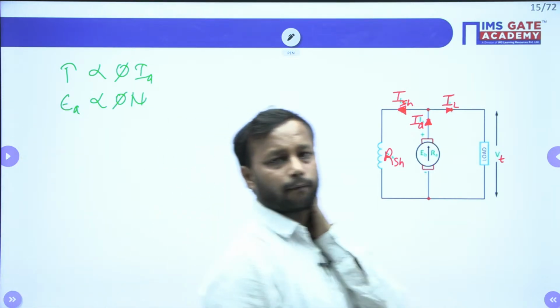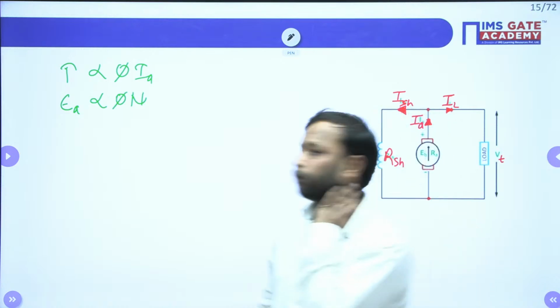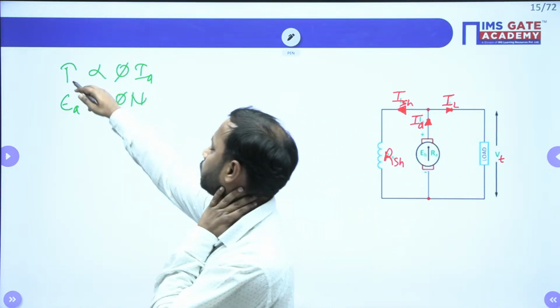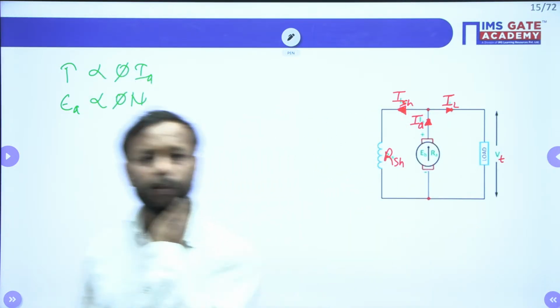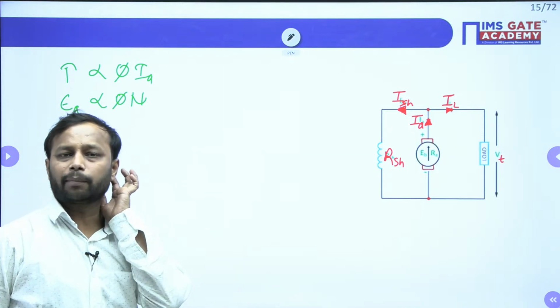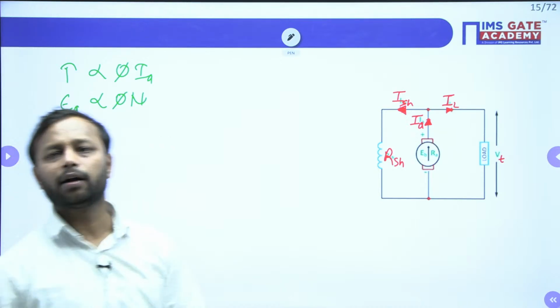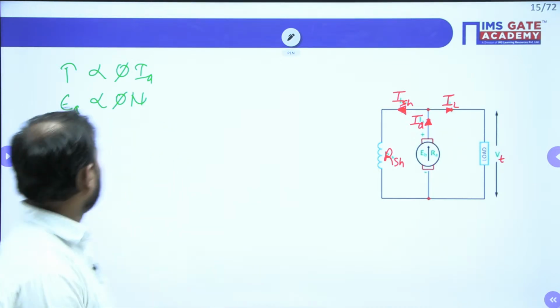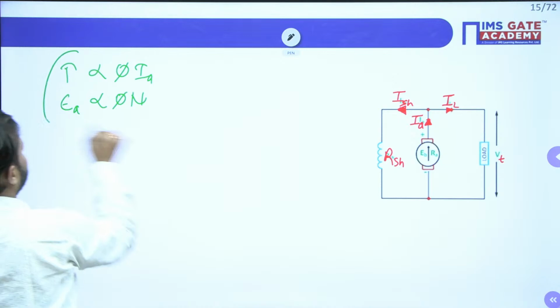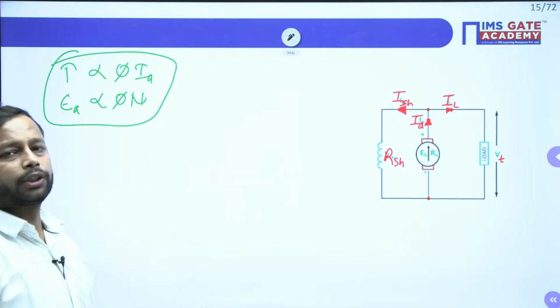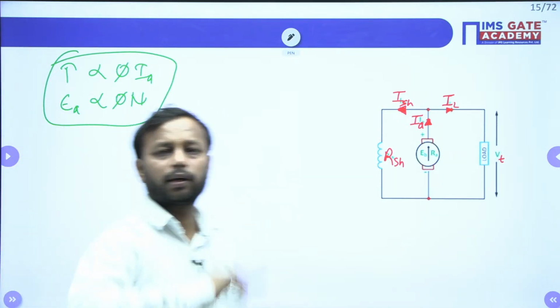And for the series machine, this will become IA square, because in that the armature current and field current both are the same. Anyway, with these two equations, we can solve any question from GATE.